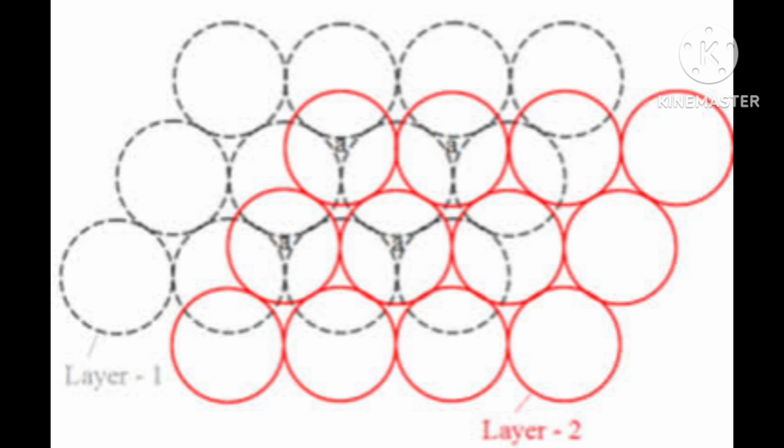Now a few little details I will tell you, and after that I will stop. Only in the case of hexagonal I am talking about, that is three-dimensional. At other places, the triangular voids in the second layer are above the triangular voids in the first layer.